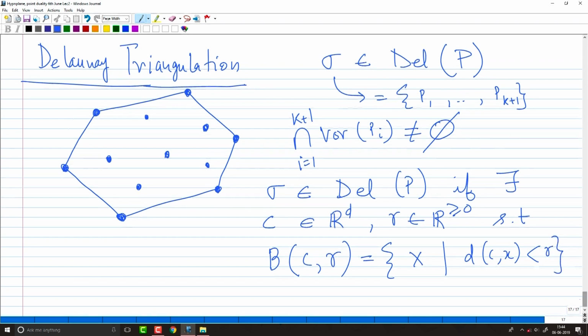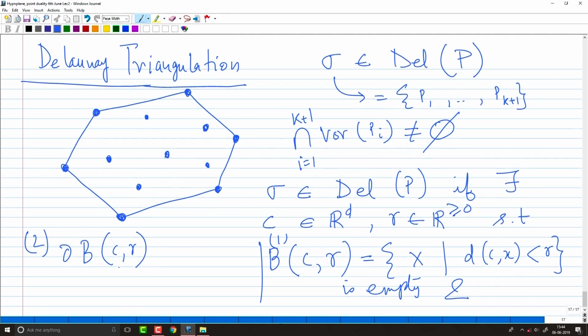Empty means no points of P are contained inside this open ball, and this is condition 1. And the boundary of the ball contains the vertices p_i for all i belonging to 1 to k+1.